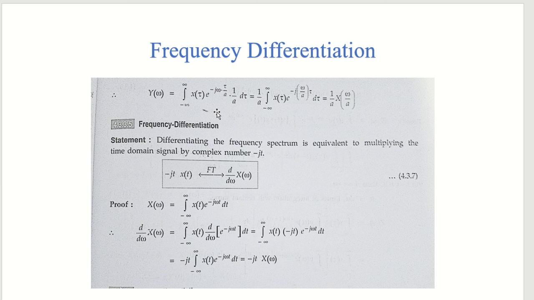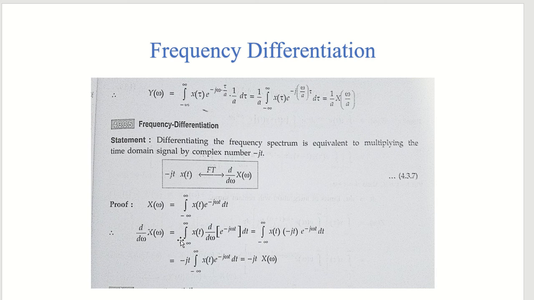Now when you do the differentiation of your output X of omega, because X of omega is the formula for the Fourier transform of x of t, what will you get? The equation will look like this: integration from minus infinity to infinity of x of t d by d omega of e raised to minus j omega t dt.